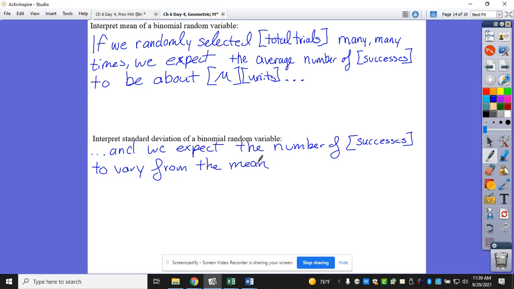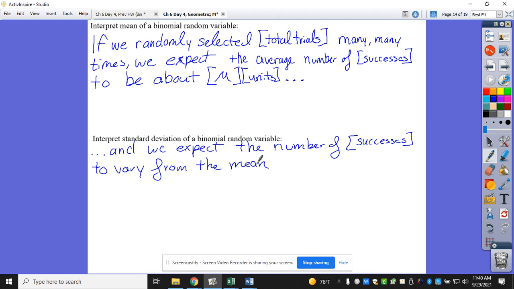So bringing back in, I always have people who have this wrong, and I think it's because I don't make a big enough point here. We expect the number of successes to be different, right? A lot of people put the word average here instead, but what is the true definition of standard deviation? Average distance from the mean. To vary from the mean by an average of, and that's why average goes with this one and not that one. We're varying from it by an average of.